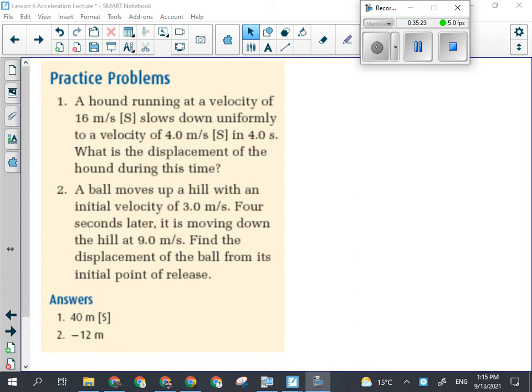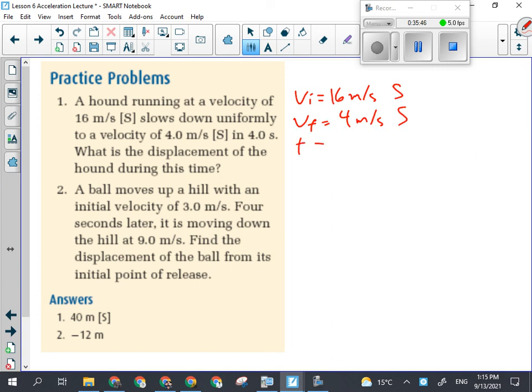So for question number 1, we have this hound running at a velocity of 16 meters per second south, slows down uniformly to a velocity of 4 meters per second south. So they gave me vi and vf in that order. They said vi was 16 meters per second south, vf was 4 meters per second south, and they did that in 4 seconds.